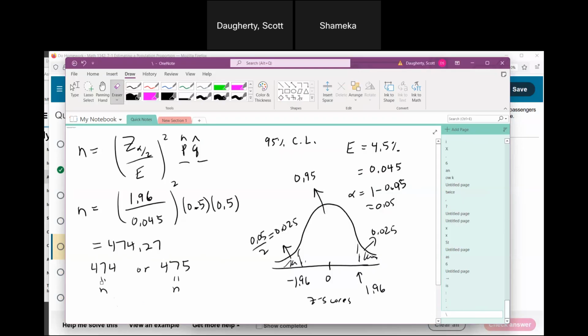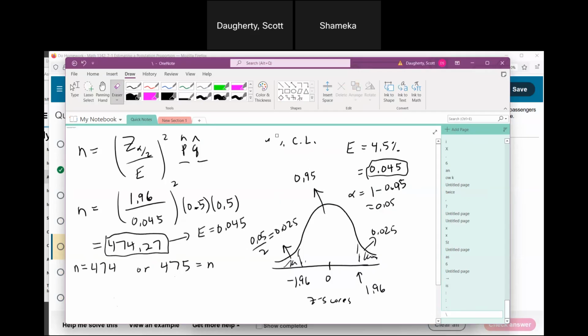Well, remember, the problem says you want to be within this margin of error. You don't want to be above it. You want to be within it. So within means less than this number, right? If n is equal to this, that is when e is exactly 0.045.